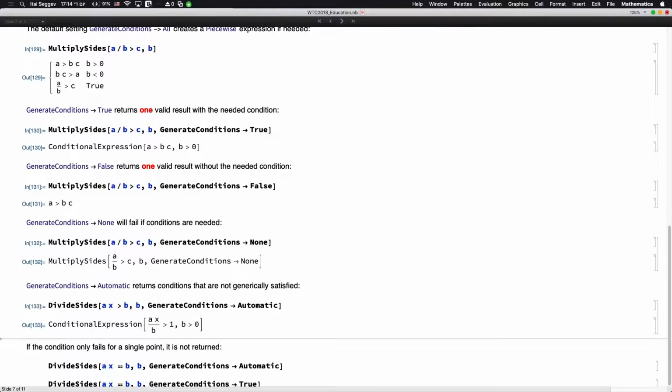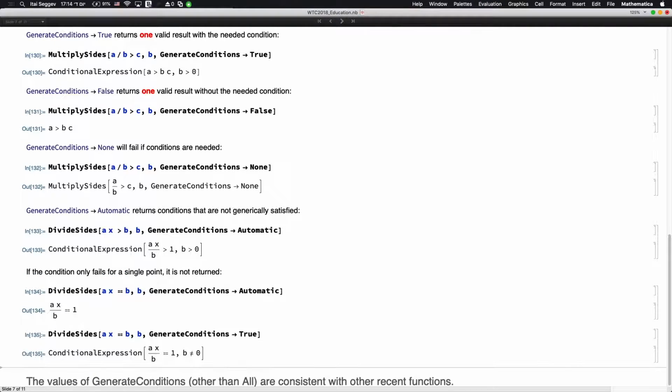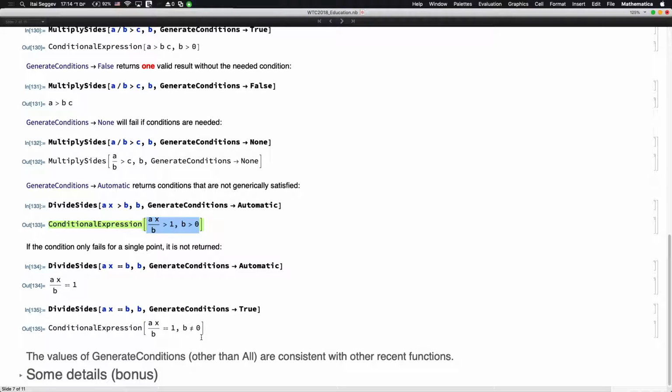But if you need a non-generic condition, then give it. Here, for this condition, automatic and true behave the same way, but for this condition where you just need to exclude b equals 0, automatic doesn't give the condition, true gives the condition.